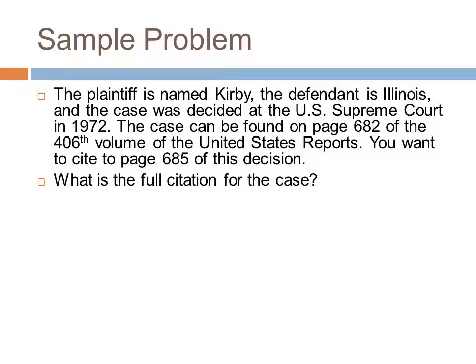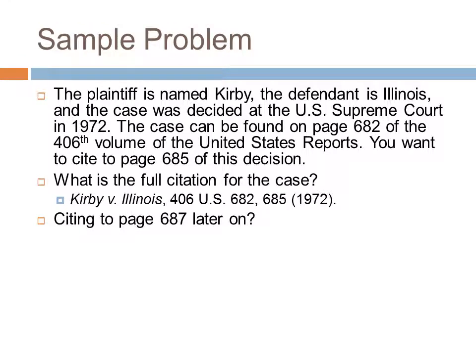Anyway, the full citation would be Kirby v. Illinois in italics, followed by the volume number 406, the reporter, U.S., the beginning page 682. Then you have page 685 as your pin site, and 1972 as the year.